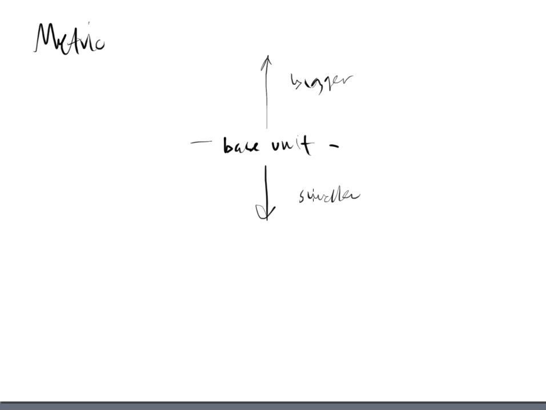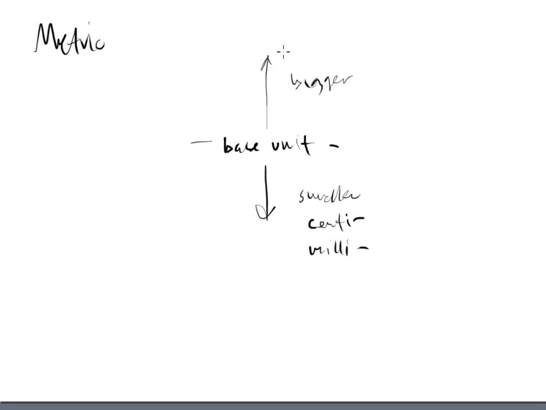So some of the smaller prefixes that I can use in terms of the base unit would be something like centi, or something like milli. So centigram, milligram, centiliter, milliliter. Those are smaller prefixes, meaning that we're talking about smaller portions of a substance in reference to the base unit.